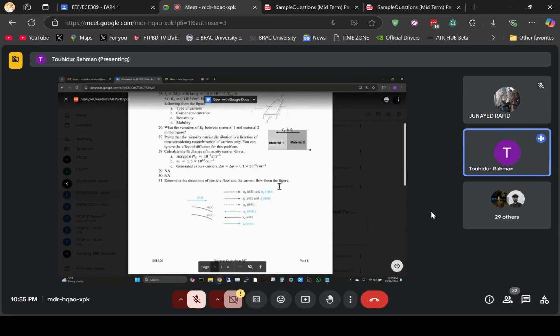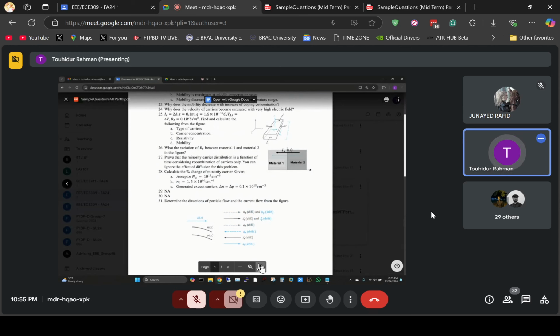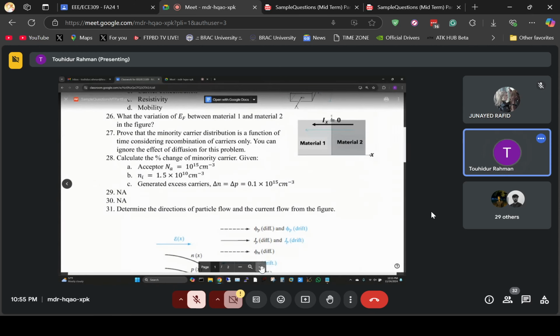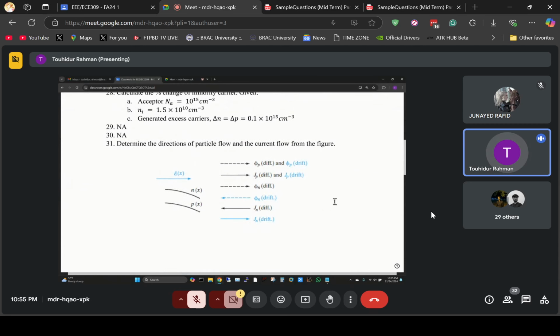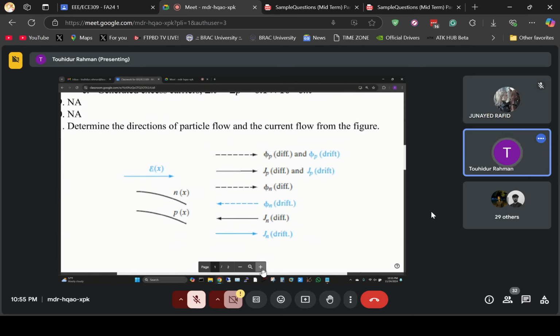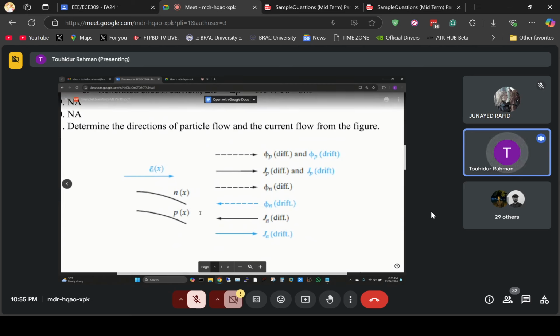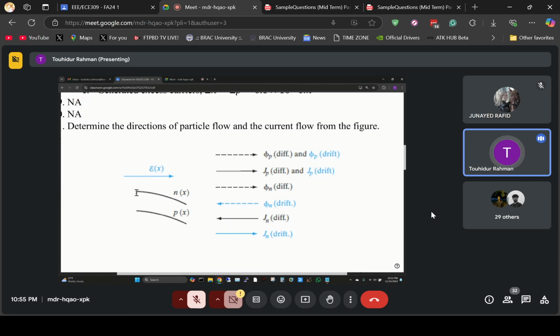31. Okay. All right. I think I already went through this during class time and also during the last tutorial on Friday. Okay, let me try to explain it one more time. In this particular diagram, we have the distribution of carrier concentration. N means electron, P means hole.